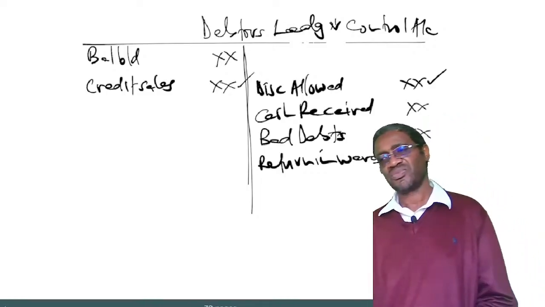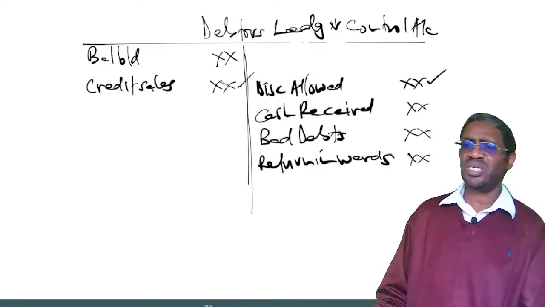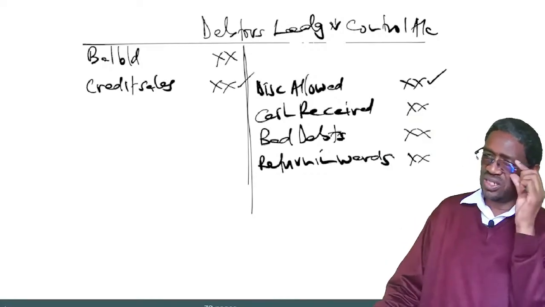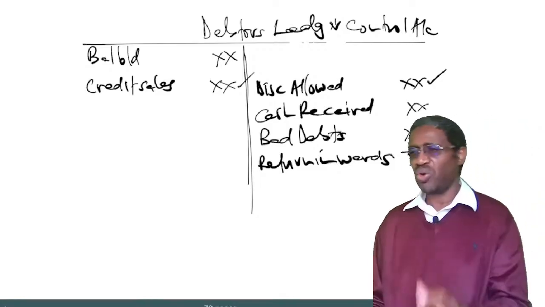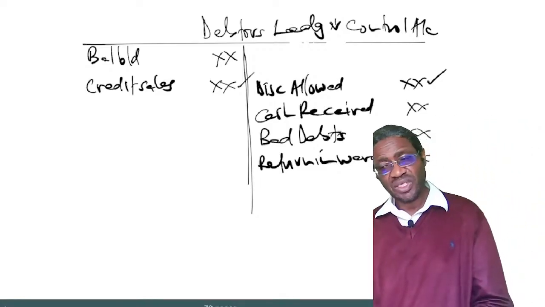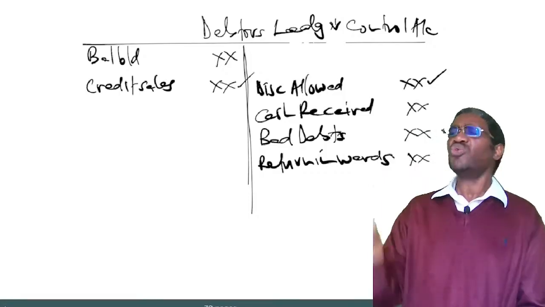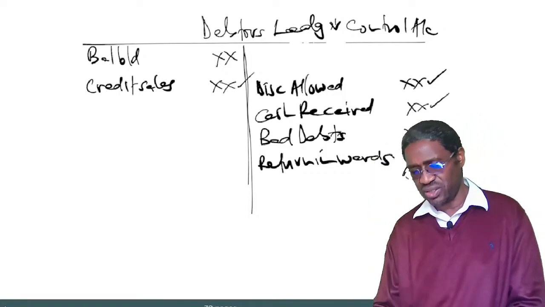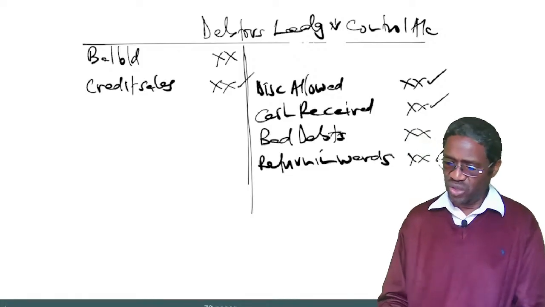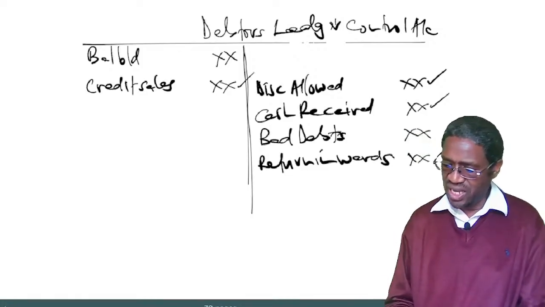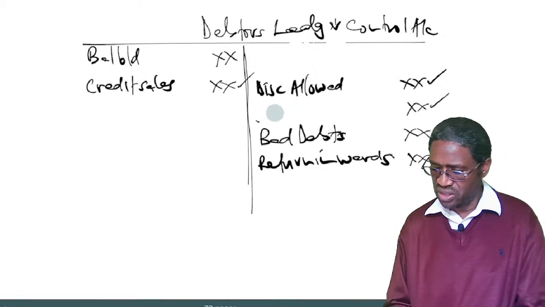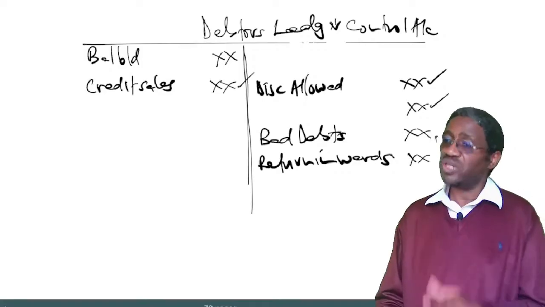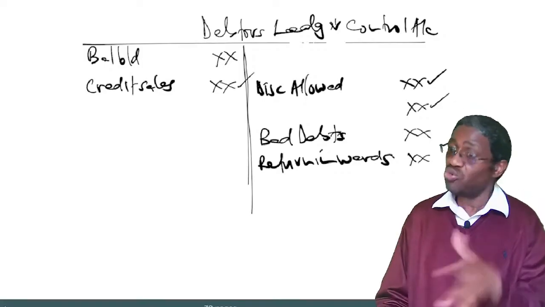That's one. The other thing we have talked about is any discount allowed. When you allow some customers a discount, it's because you wanted them to pay you early. So when they paid you, you received the cash. You debited cash and you credited debtors. So you can even say here, it is either cash or checks received. Maybe you could have received a check. The company paid you or the debtor paid you by check.